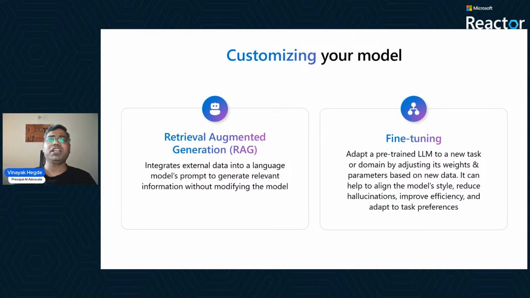It is especially useful for integrating external data into a language model prompt, so that you can generate relevant information without modifying the model, because fine tuning or making any kind of changes to the model is expensive. But there might be cases where it is necessary to fine tune a model based on a task specific data set, or adapt to particular nuances and improve accuracy.